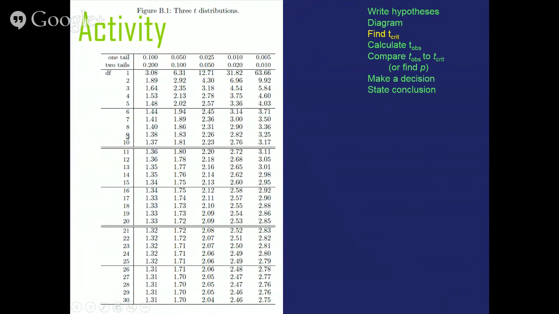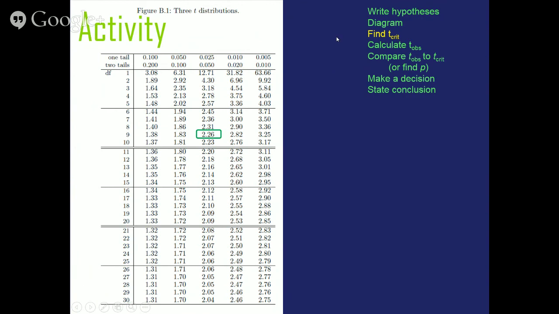Every t-table is a little bit different, but this t-table, you can look at one tail or two tails. We want in two tails 0.05 of the distribution, or in one tail 0.025 of the distribution, so that column. It's the same thing. One tail has 2.5%. That means two tails, if we were to use this twice, would have 5%. So that's our value there: 9 degrees of freedom, 0.025 in one tail.